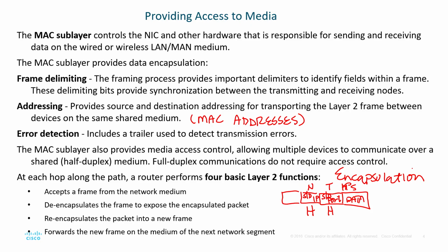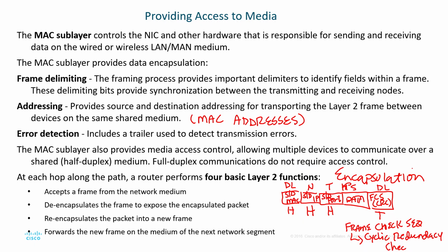Then we come down to the data link, and it is a header as well as a trailer, source and destination MAC, and the field is frame check sequence, FCS. In that is that value, which is a CRC value. So frame check sequence is a field in the frame. Held within that is that cyclic redundancy. Okay, that is the value.